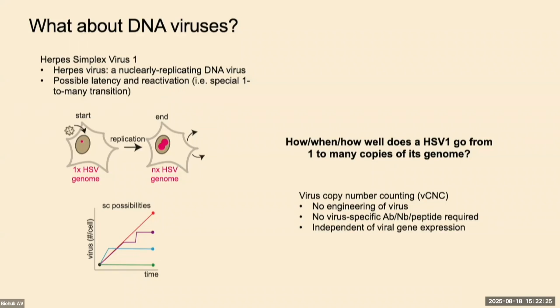And then finally, I wanted to be able to use this assay on viruses that may have a so-called inactive state or latency. So I wanted my new assay, which I am now calling under the working title virus copy number counting, to be independent of active translation or active viral gene expression.